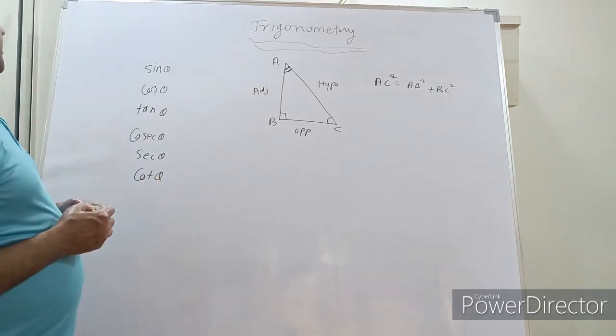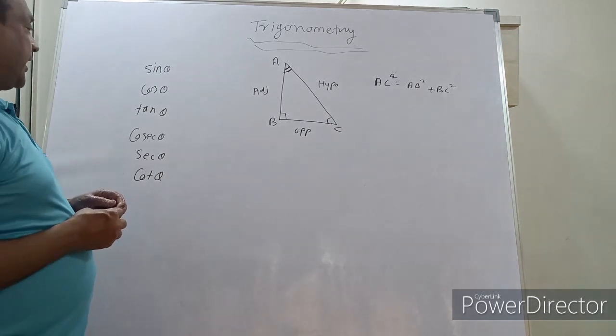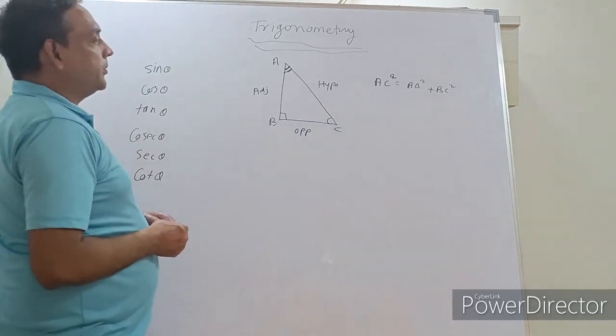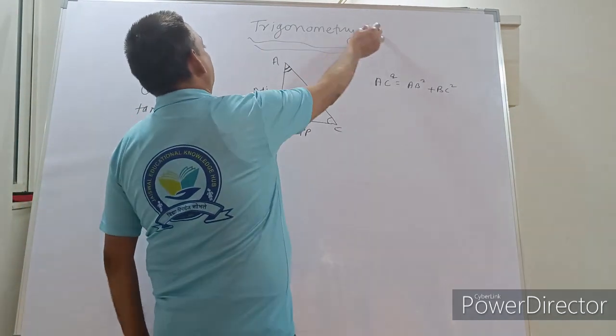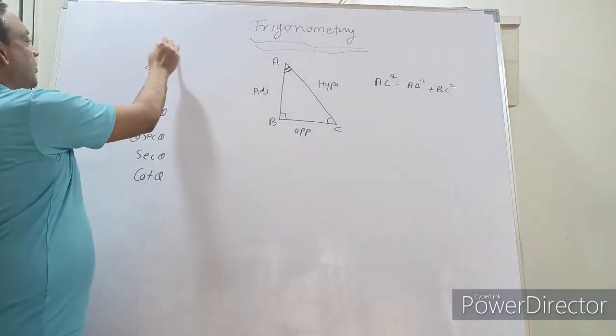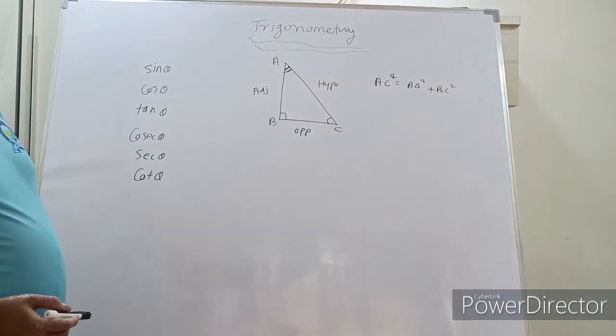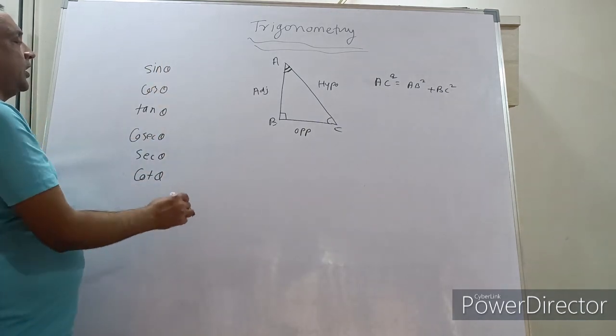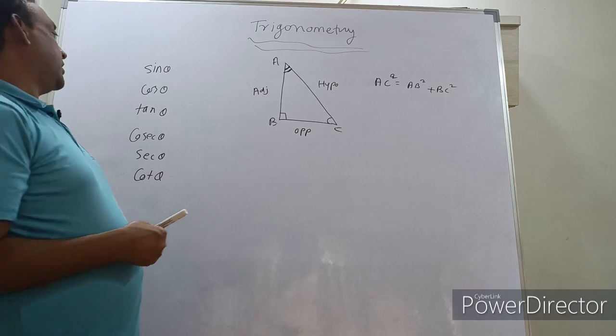Okay, sine, cos, tan, cosec, sec and cot. So your trigonometry is mainly with these 6 symbols. It will be going all around only with these 6 names: sine, cos, tan, cosec, sec and cot.